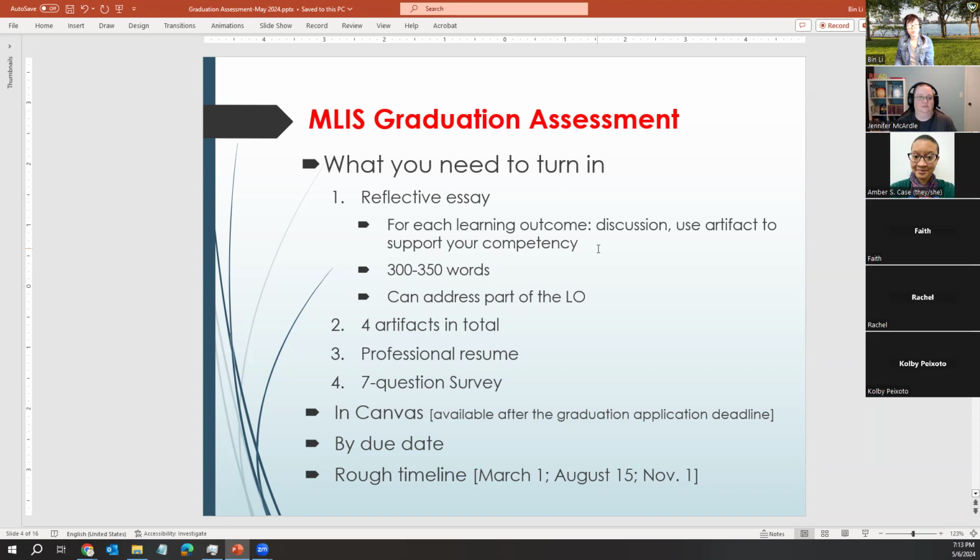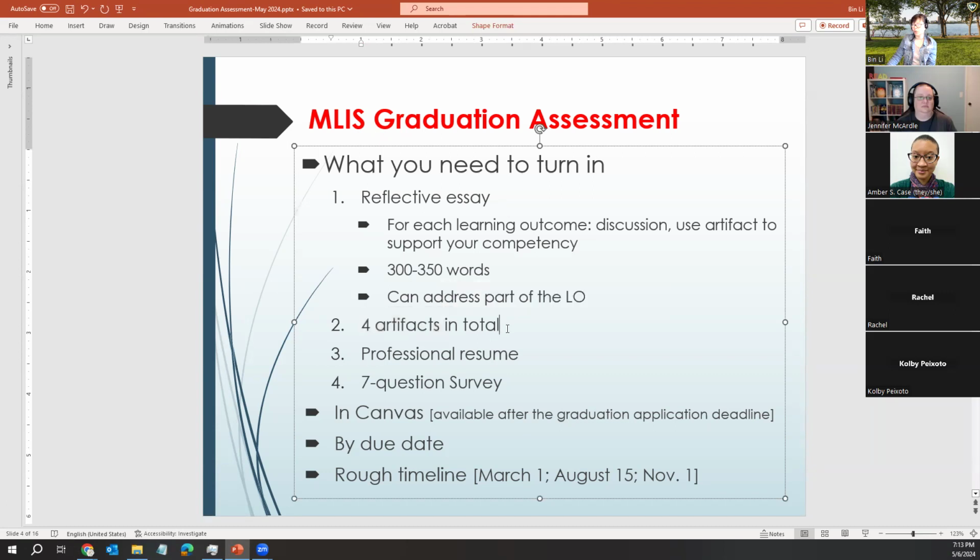So you need to cover each of the 4 learning outcomes, all 4 of them, and for each one, you need to do this. So 300 to 305 words for each. So there will be 4 learning outcomes, 4 artifacts in total.